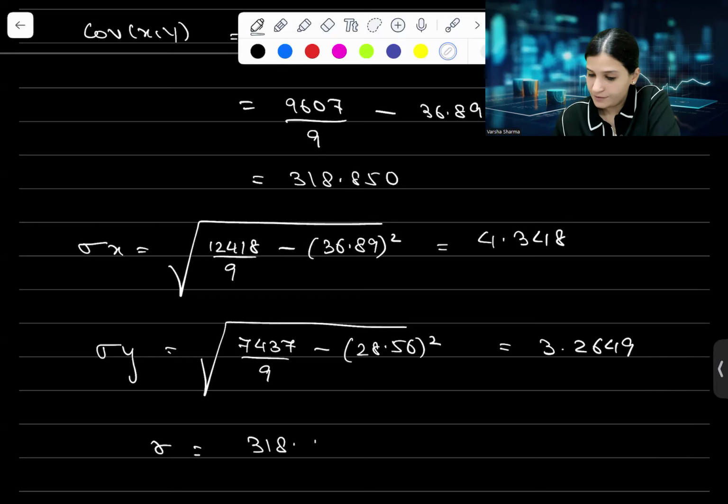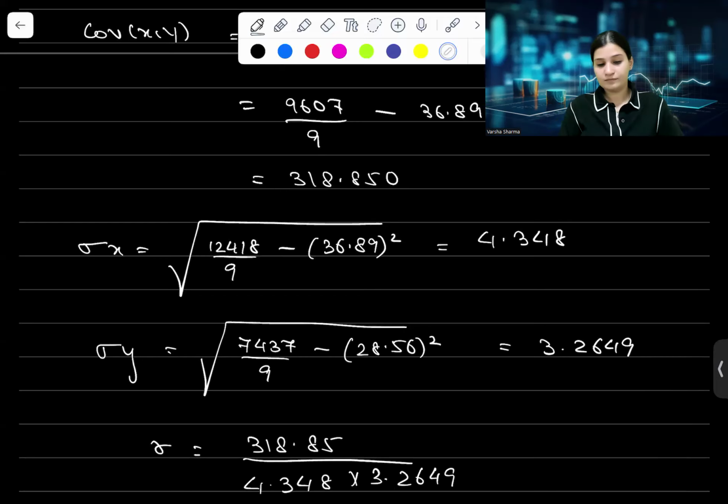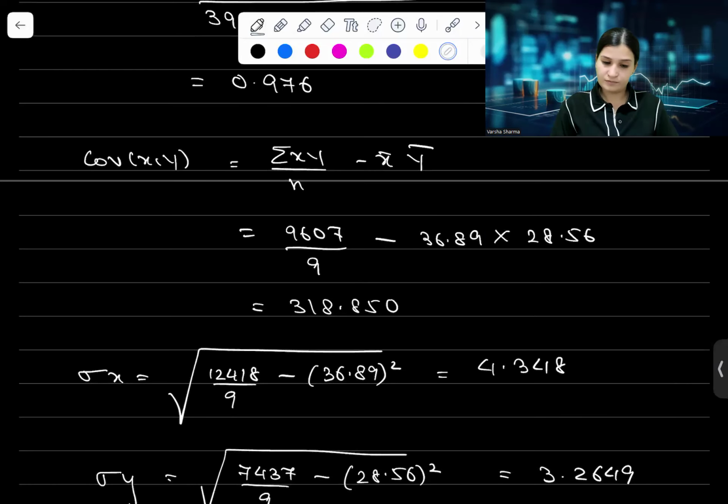So covariance by product of standard deviations. Covariance is 7.604.